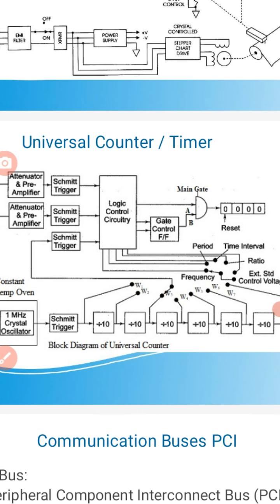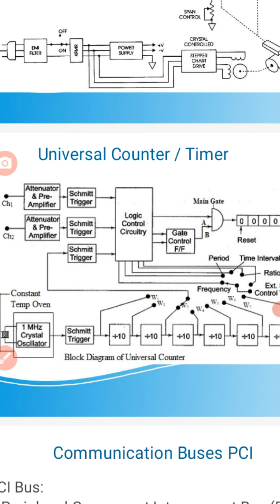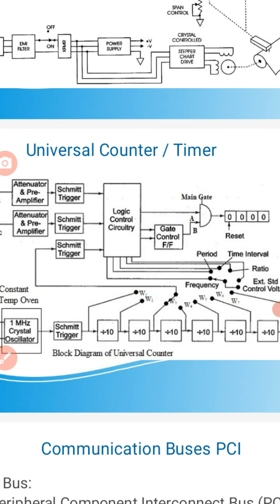Attenuator attenuates the signal at the desired level, whereas if required, preamplifier amplifies it to a certain level. A Schmitt trigger follows, which converts any sine wave or any other signal into square wave, and also removes noise from the input.